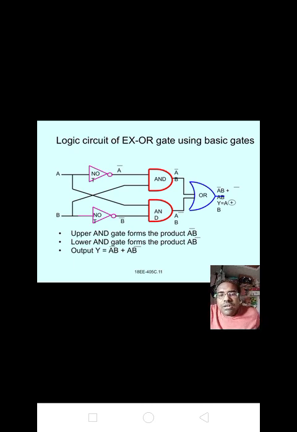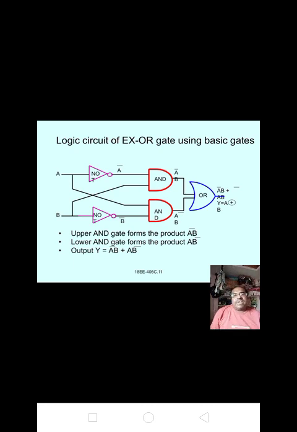We are taking 2 AND gates, 1 OR gate and 2 NOT gates. The upper AND gate forms the product A bar B, and the lower AND gate forms the product AB bar. The output of the AND gates is given to the OR gate. We get the value A bar B plus A B bar, that is equal to A XOR B.